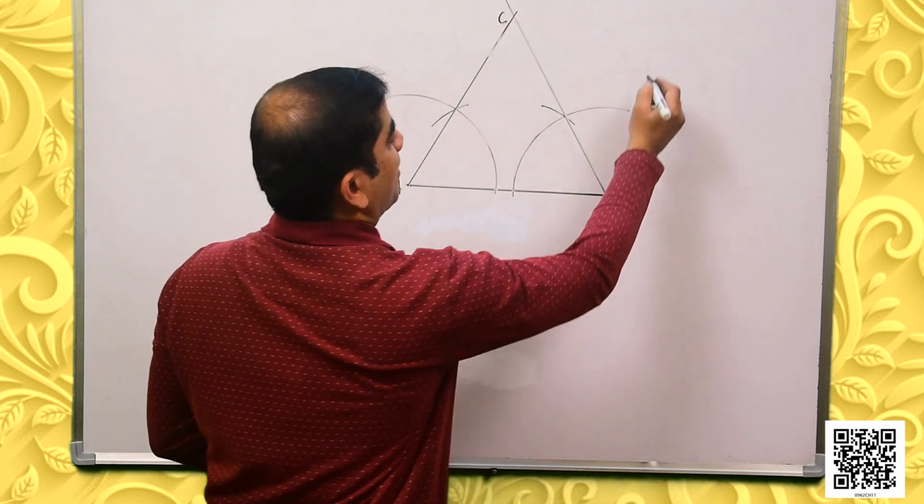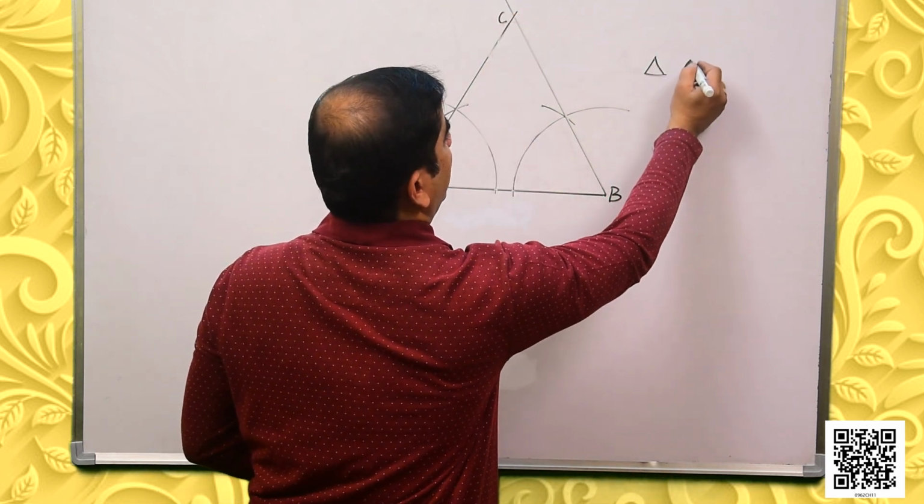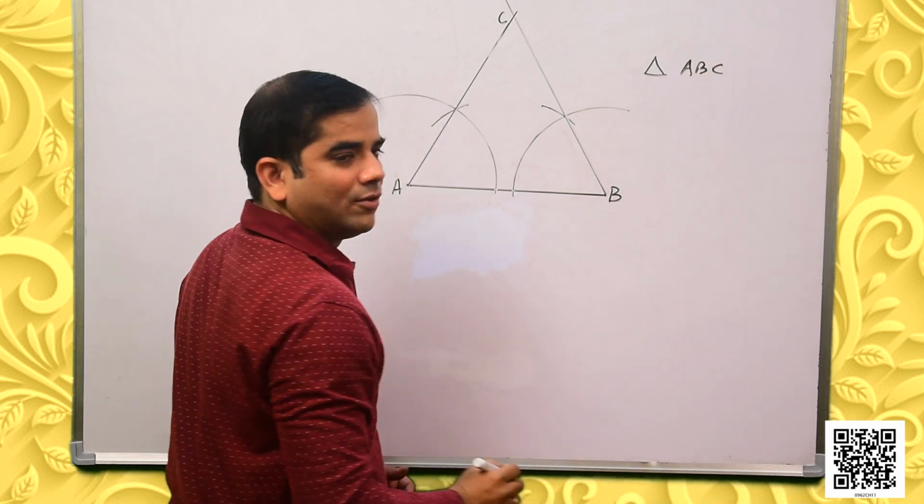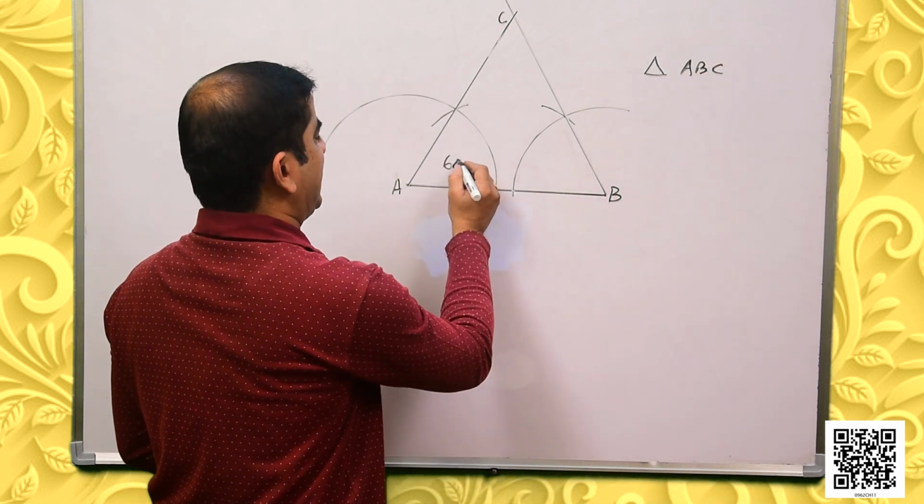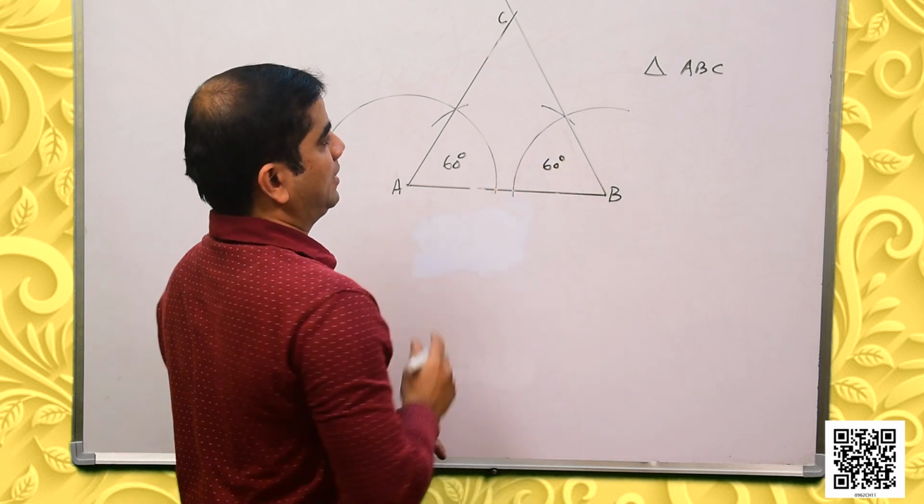Okay. So, now we have constructed a triangle ABC. Okay. So, this is 60 degree and 60 degree.